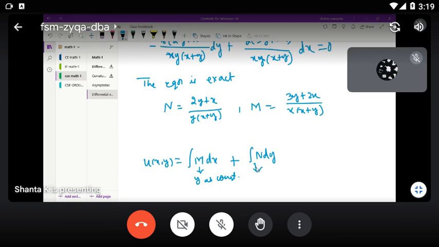And here we consider only the terms which are independent of x, or which do not contain x. Only those terms. Do it, and what is your answer?